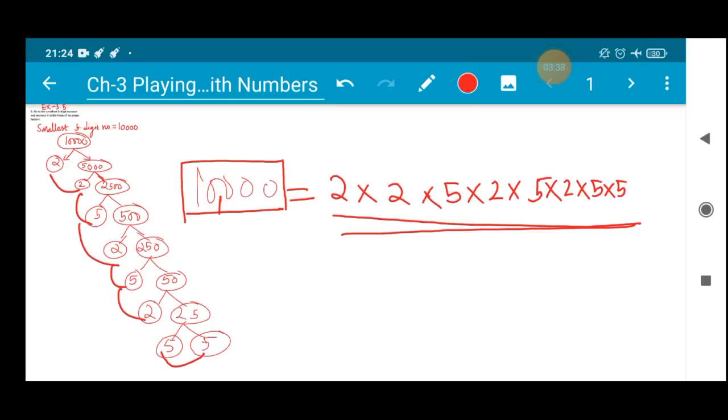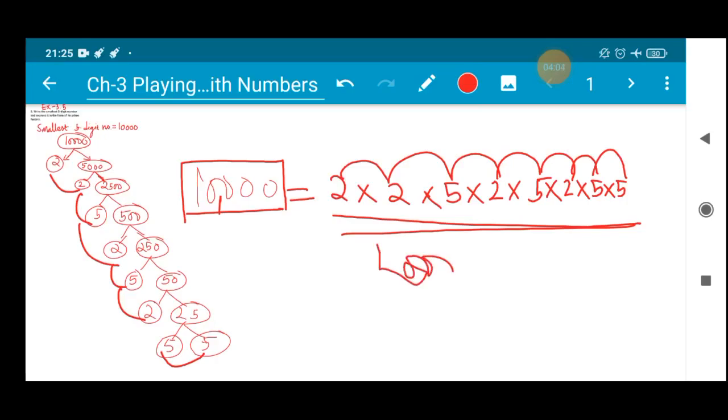To express this in its prime form, we can write 2 into 2 is 4, 4 into 5 is 20, 20 into 2 is 40, 40 into 5 is 200, 200 into 2 is 400, 400 into 5 is 2,000, and 2,000 into 5 is 10,000, right?